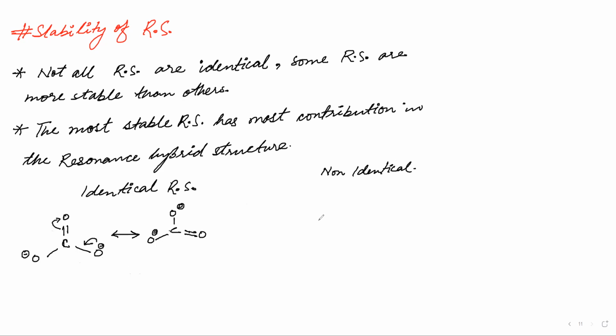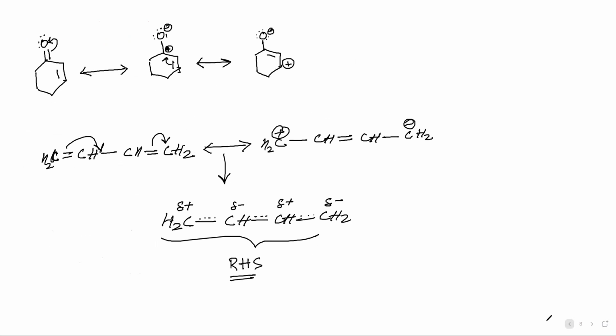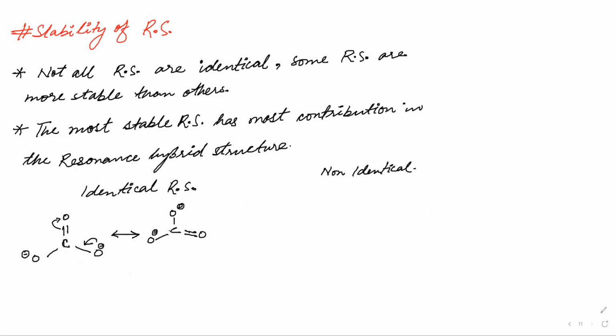Non-identical, for example, if I have something like this, this example here. This was a double bond to O, and it moved here and we got a resonating structure like this: single bond O negative, positive, and a double bond here.